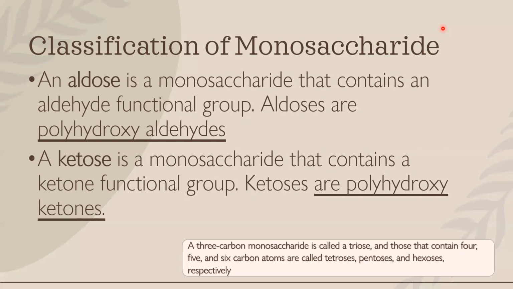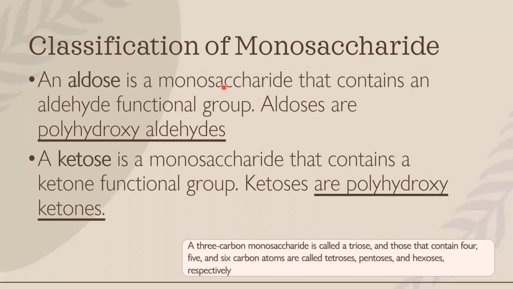Now, monosaccharides are classified into 2: aldoses and ketoses. So what are aldoses? These are monosaccharides that contain the aldehyde functional group. Remember, at the beginning of our discussion, I mentioned a functional group with nakakabulol na terms. To make it short, the aldoses are the polyhydroxy aldehydes.